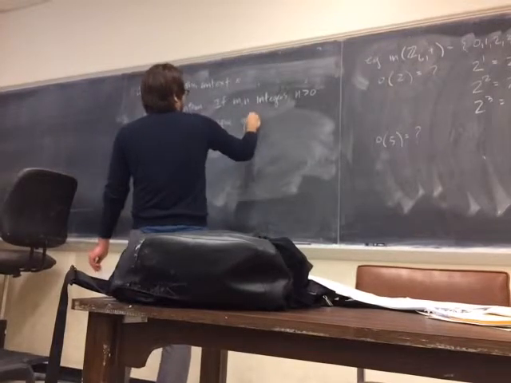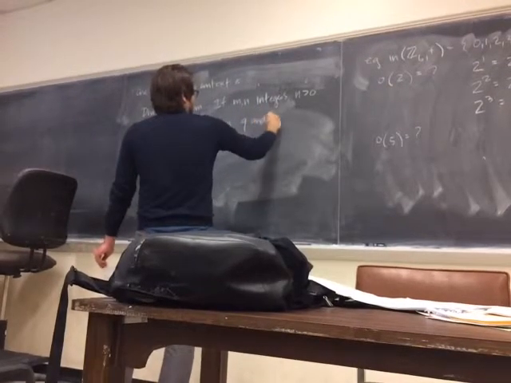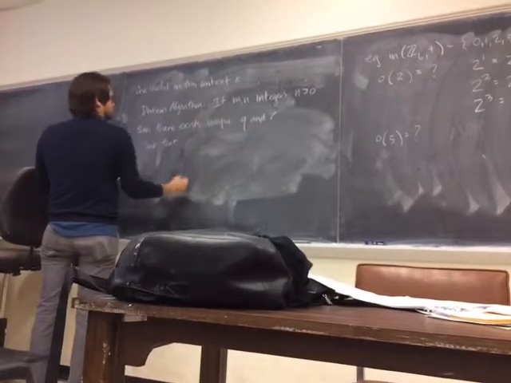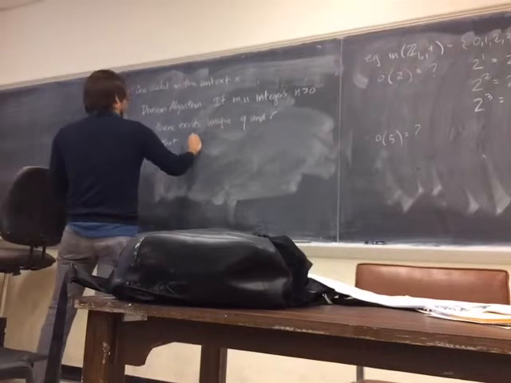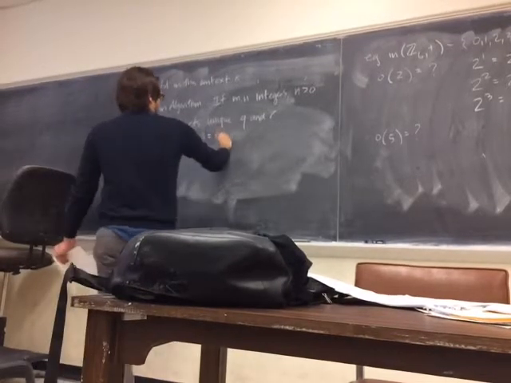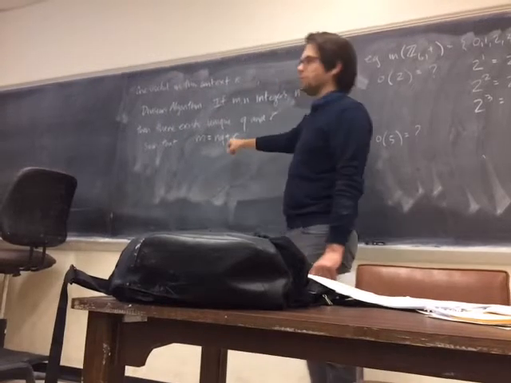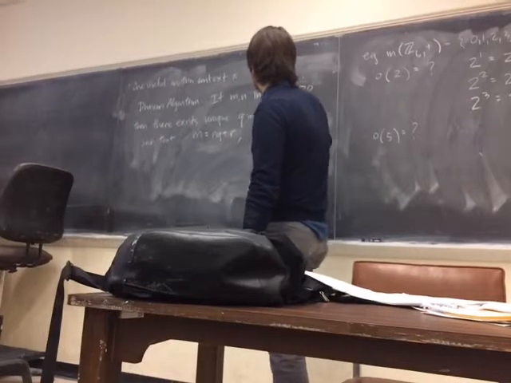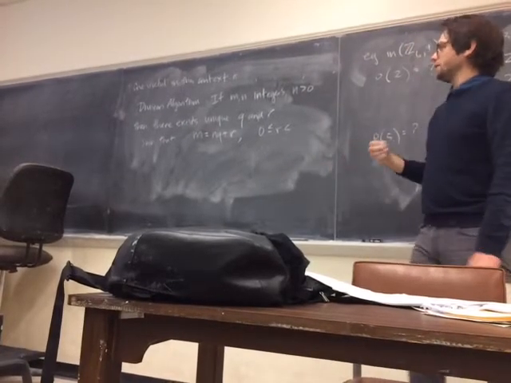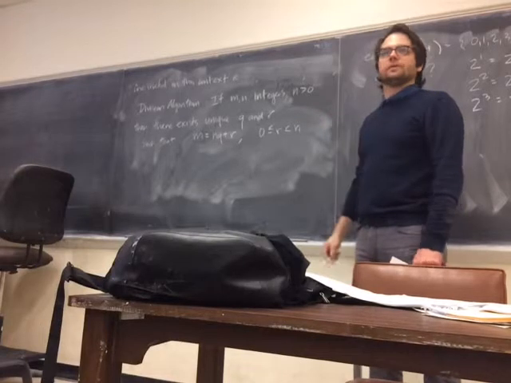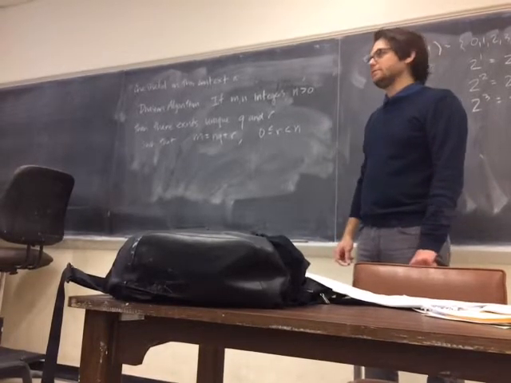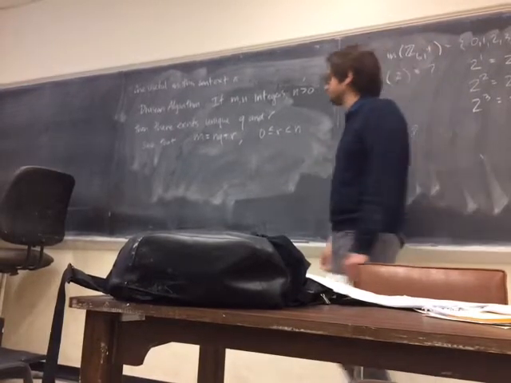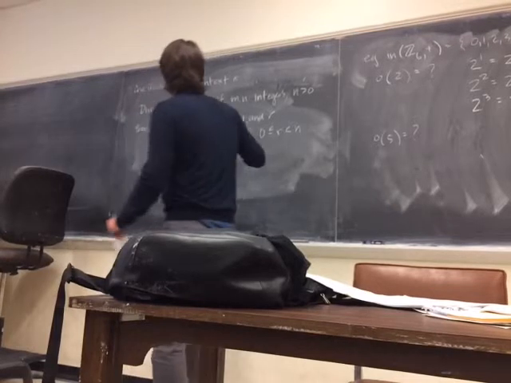We call them Q and R, such that M equals NQ plus R. And of course, the remainder should be small, so 0 is less than or equal to R, which is strictly less than what I'm dividing by. You guys know this one. If I divide 7 by 3, I can write 7 as 3 times 2 plus 1. So this is going to be useful when we're talking about this stuff.